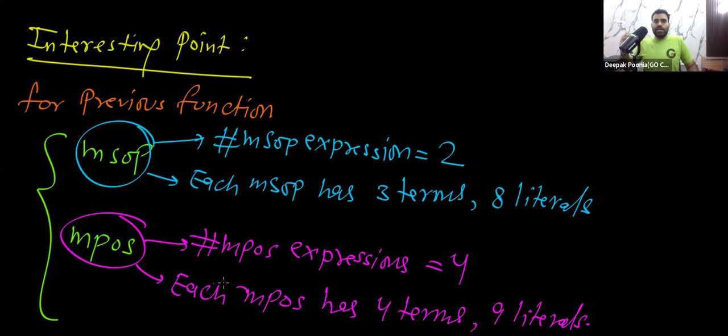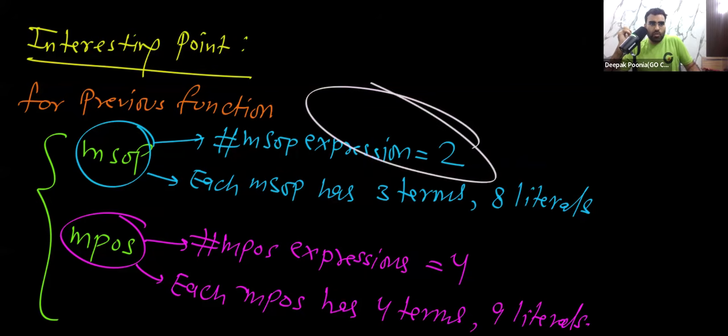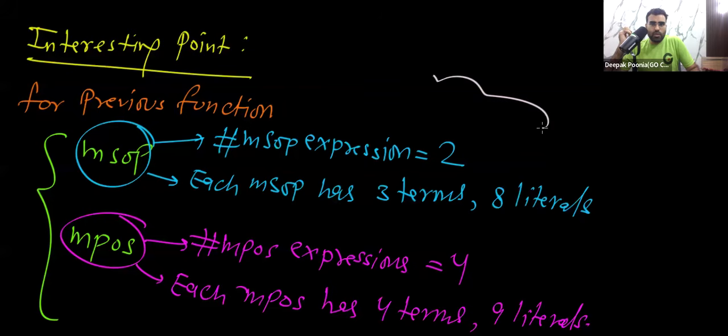Please understand something very interesting. Notice the number of minimal SOP is 2, but the number of minimal POS is 4. So remember, is the number of minimal SOP always equal to the number of minimal POS? No. Also notice, in the minimal SOP you have 3 terms, 8 literals. In the minimal POS you have 4 terms, 9 literals.